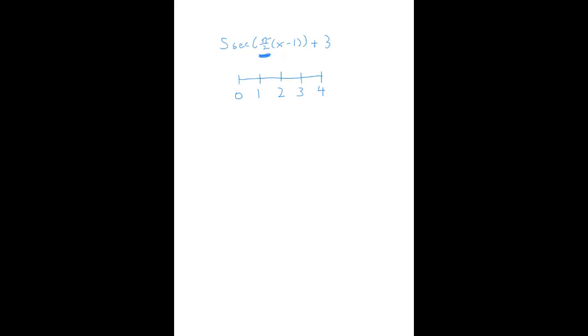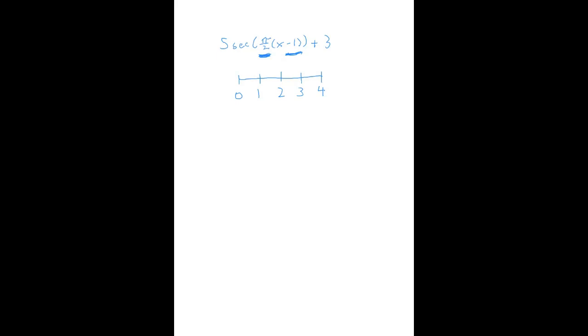But it's not just that we do some kind of horizontal stretching. We also have one other thing happening horizontally, what we call the phase shift. So remember, the sign of your phase shift is really the opposite of what direction you're going in. So in this case, there is a phase shift of 1.